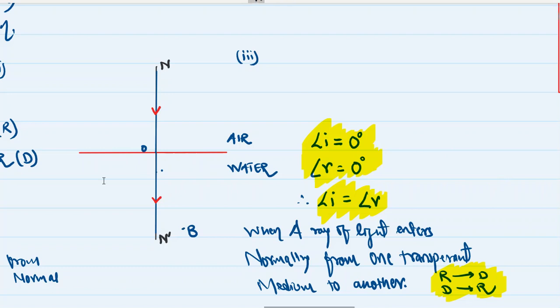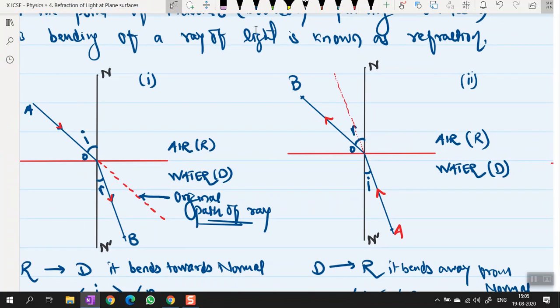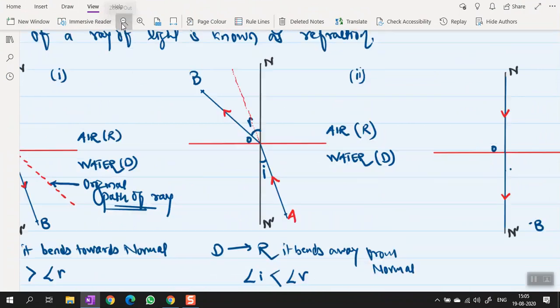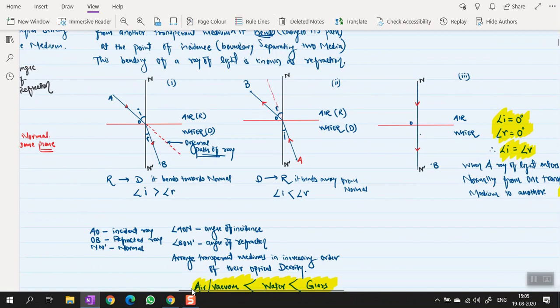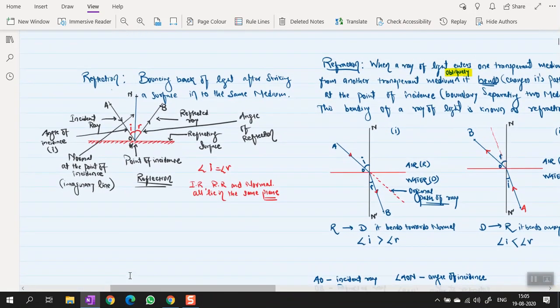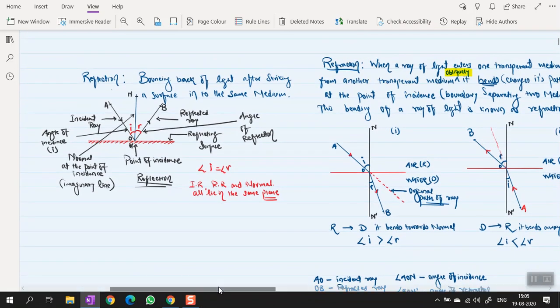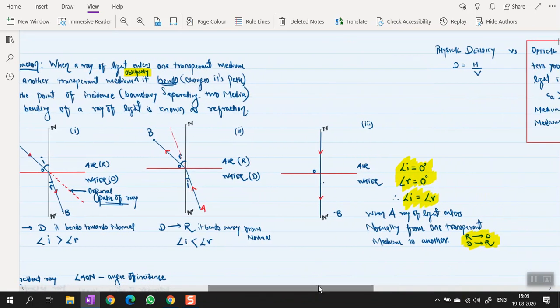Understood this thing? So now you know so many things about refraction. Let me zoom out and show you. You have a broader picture of the whole concept of refraction. We still have to go deeper, but compared with your earlier knowledge of refraction, you now have so much knowledge. First we started with what was reflection, right? Then we understood the meaning of refraction, all the three cases we saw.